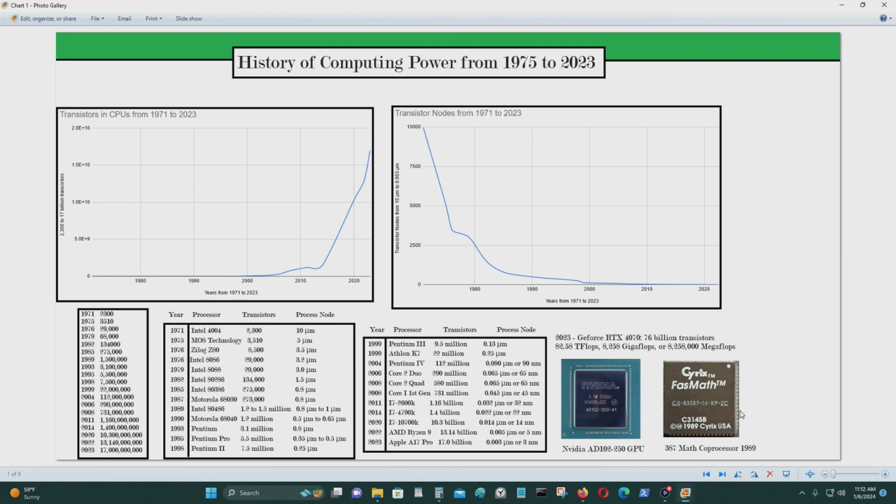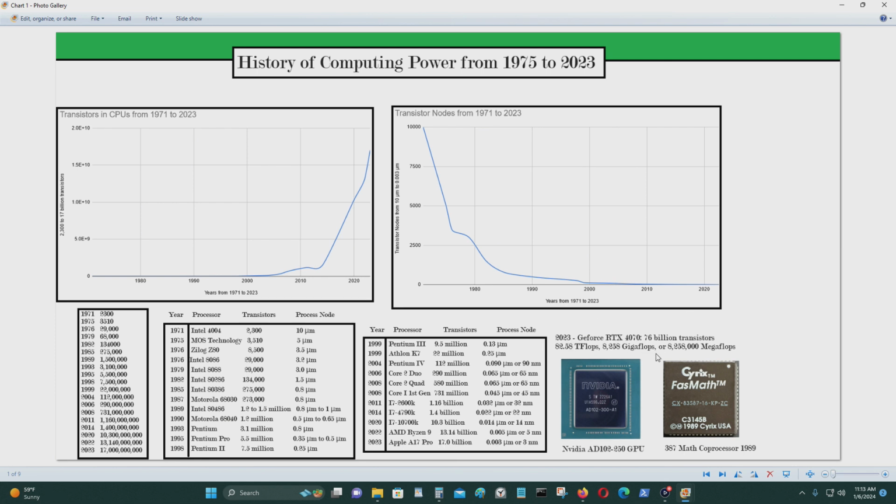We also have something called a GPU, or graphic processing unit chips, like this from NVIDIA. This is a NVIDIA AD102-250 GPU, which is used in the GeForce RTX 4080 and 4090 series of graphics cards. Very powerful cards, and this has about 76 billion transistors, much more than this.